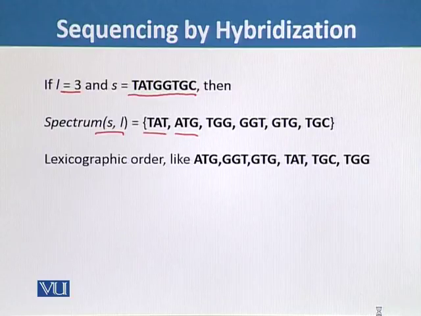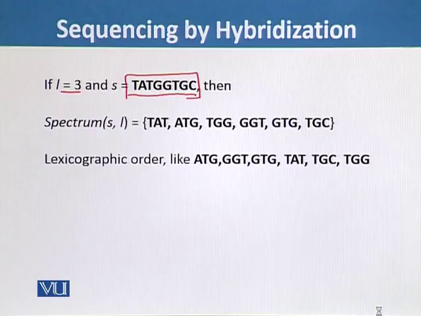Because this is the shortest information, we can say that this S is a superstring, and we can get the information from this superstring. We will take the first 3 letters, that is TAT. Then we will move one alphabet to the right and start, instead of from T, from ATG, that is ATG.